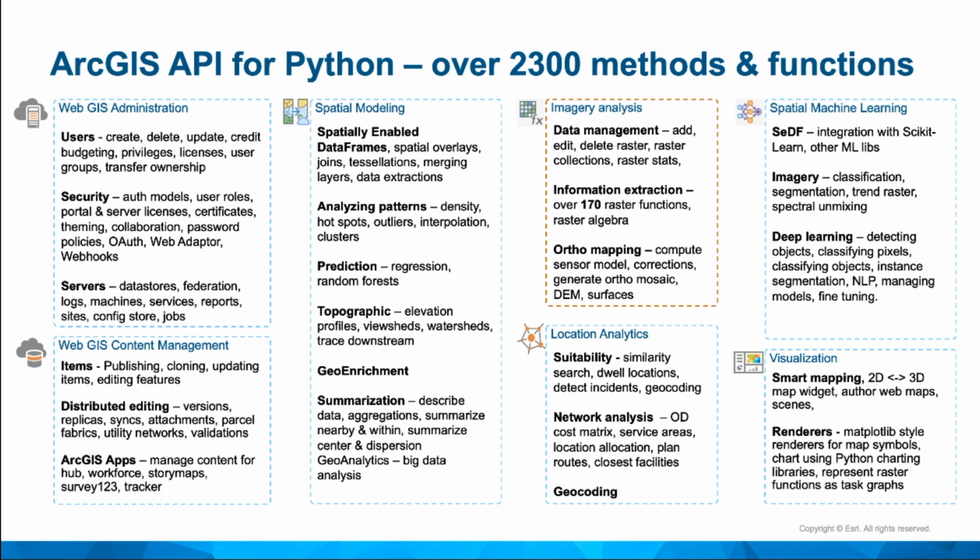You can visualize your data on Jupyter Notebook using interactive mapping widgets. And as I mentioned earlier, you can produce information products like web maps, web scenes, or publishing of WebGIS layers. This talk is going to focus on imagery analysis and everything about it as we have highlighted in orange in this slide.